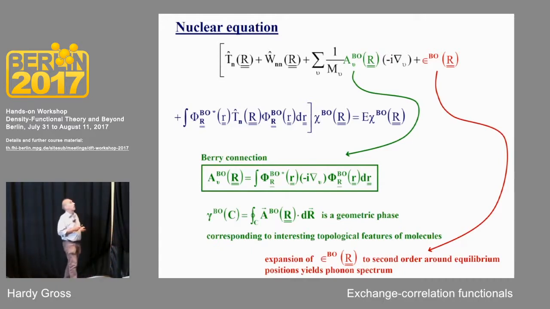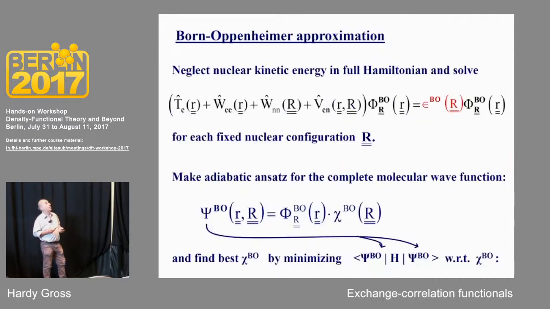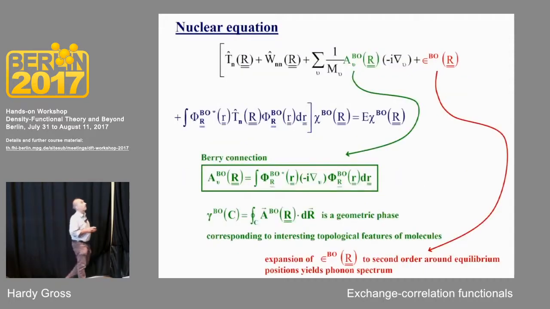Right? So two scalar potentials and a vector potential. This scalar potential, this guy here, is the eigenvalue of the electronic problem. And the other scalar potential is the nuclear kinetic energy acting here on the nuclear coordinate dependence of the Born-Oppenheimer states.